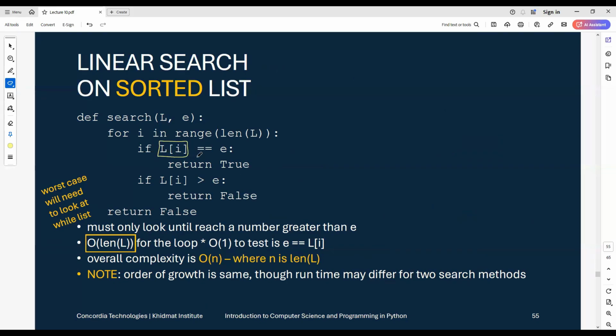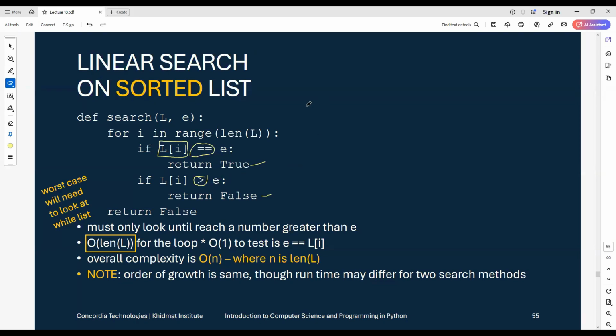What we have to measure here is this equality operator or this return statement, checking whether it's greater or not, counting this return statement. So if we are searching through a sorted list, and we get to a point where the element we are looking at is equal, we return, but if it is less than that, then we stop searching.